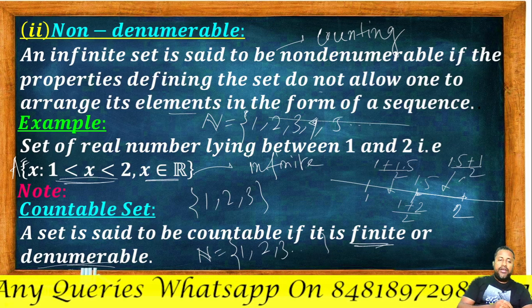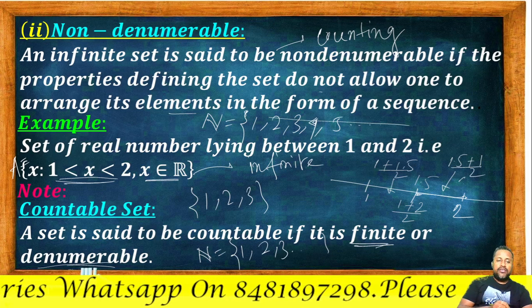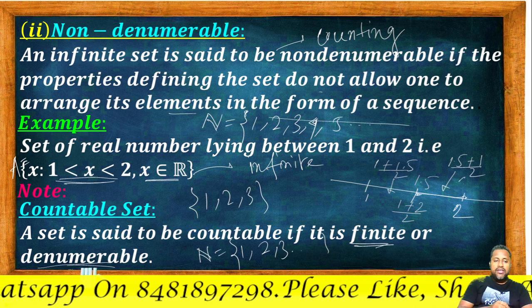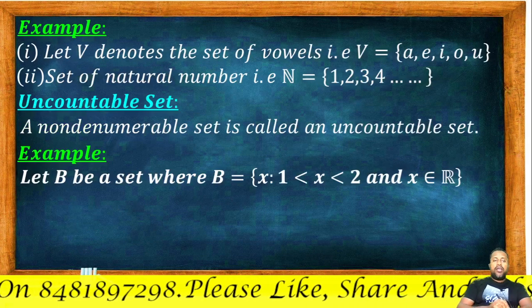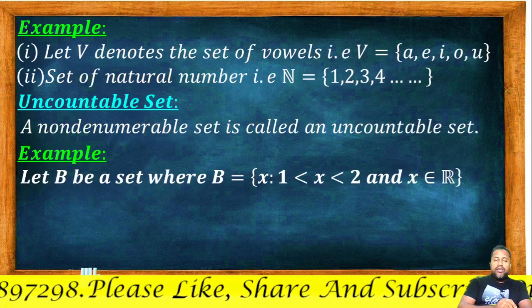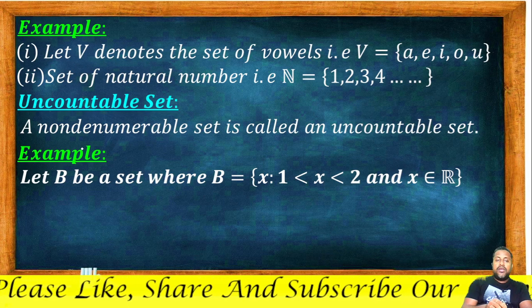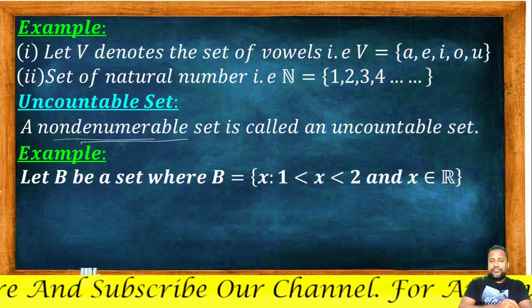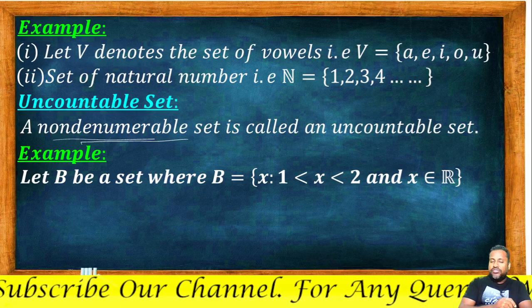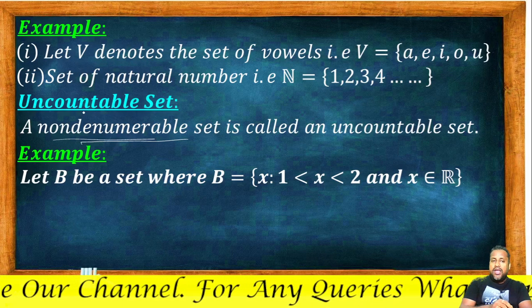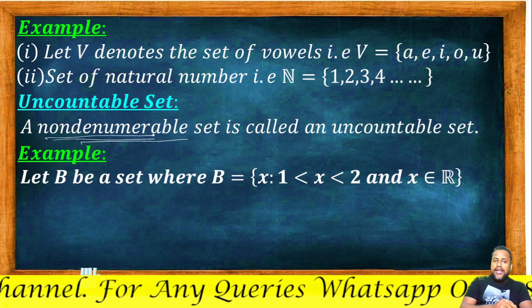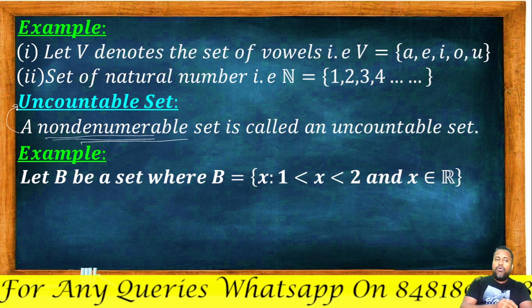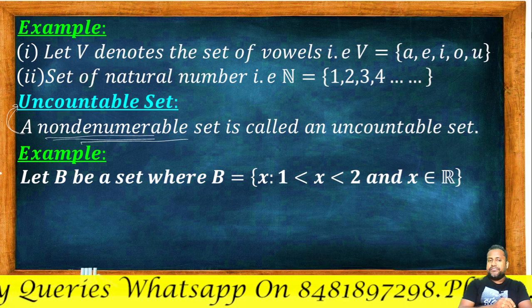Next one is uncountable set. What is an uncountable set? A set is said to be uncountable if it is non-denumerable, and we have already read what a non-denumerable set is. So any non-denumerable set is always an uncountable set.